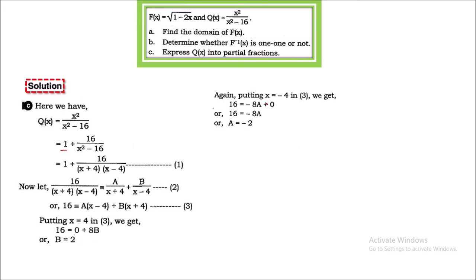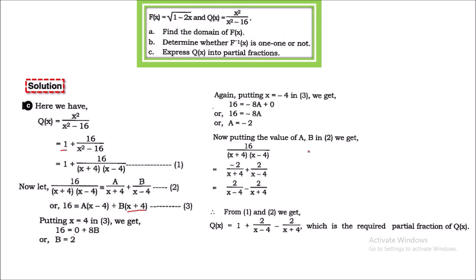Similarly, x plus 4 equal to 0, from that x equals minus 4. If I put it here, this one will be 0. So b into 0 means 0, and here minus 4 plus minus 4 equals minus 8. So a equals minus 2. So I got the values a equal to minus 2, b equal to plus 2.